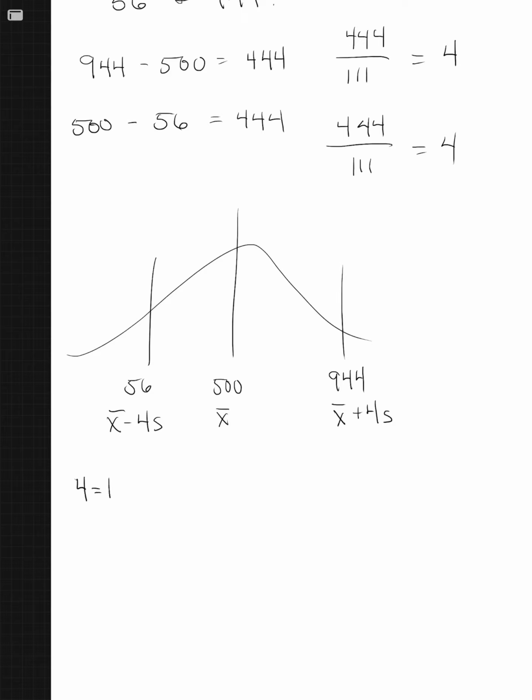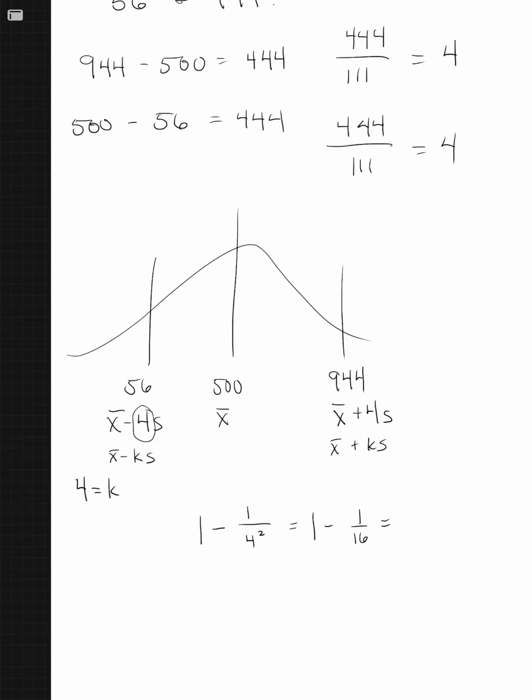Right? So 4 is equal to k in this scenario, because this was x bar minus ks, x bar plus ks.